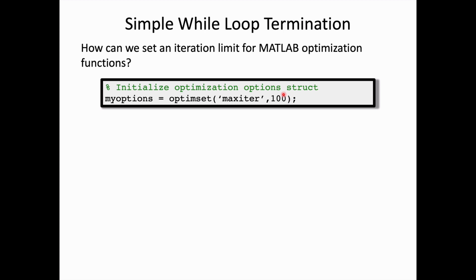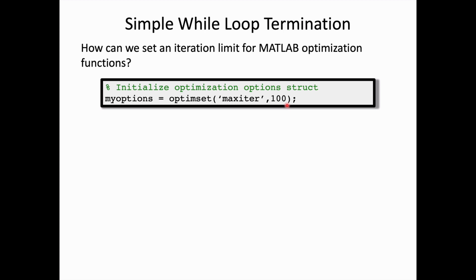Here I'm setting it to be 100, and that's actually a rather low number for most problems. It might be helpful to learn what the default value of the maximum number of iterations is if I don't change this. It does have a default.